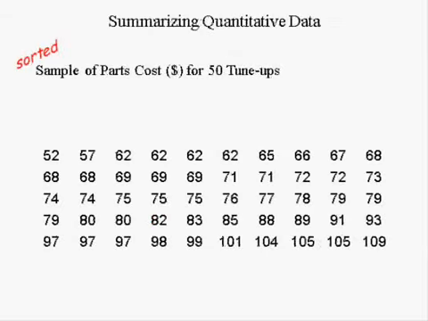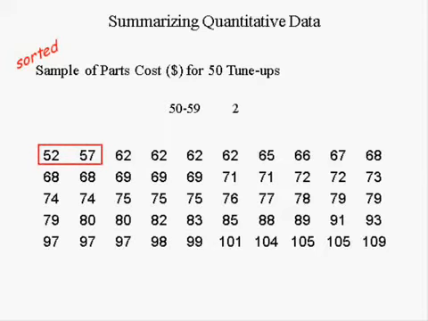Since the smallest value is near the nice number of 50, and our class width is 10, our first interval is 50 to 59. Although the difference of the two numbers is 9, there are 10 numbers from 50 to 59. Because this data is discrete, remember, the owner of the repair shop rounded the dollar values to the nearest dollar.